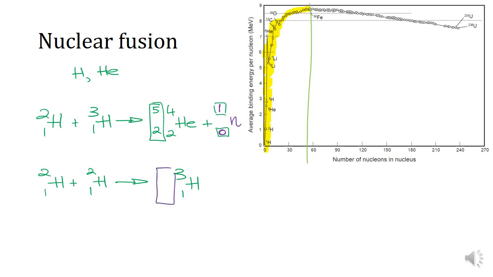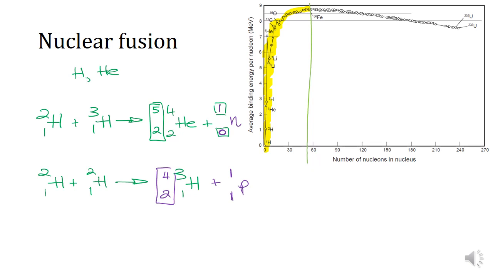So 2 plus 2 gives me 4, 1 plus 1 gives me 2. So looking at mass, I need to place 4 and I have placed 3, which means I need a mass of 1. I need to place 2 positive charges and I've placed 1, so I've got 1 left over. Something that has a mass of 1 and a charge of 1 is a proton.